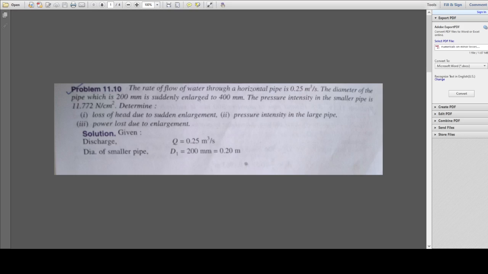due to enlargement. Now we know the discharge, that is the rate of flow, 0.25 meter cube per second. The diameter of the smaller pipe is given, 200 mm, and then it gets suddenly enlarged to 400 mm, so D2 is 400 mm.